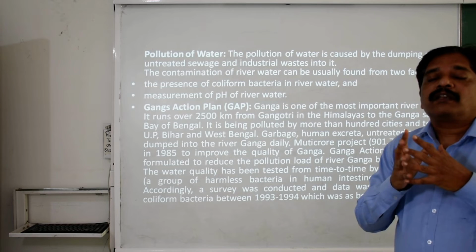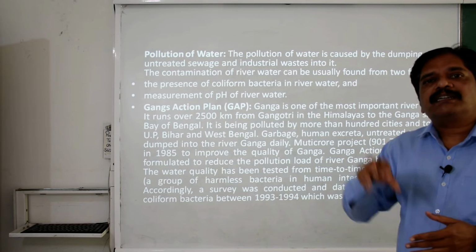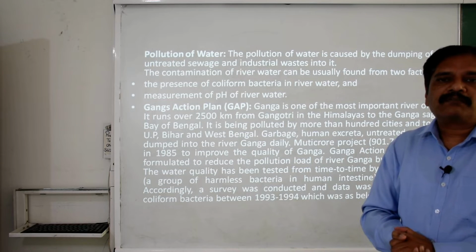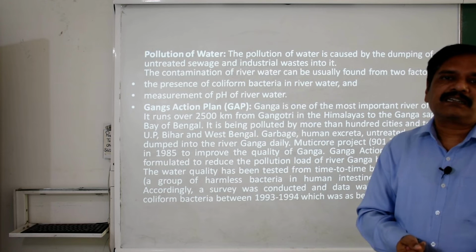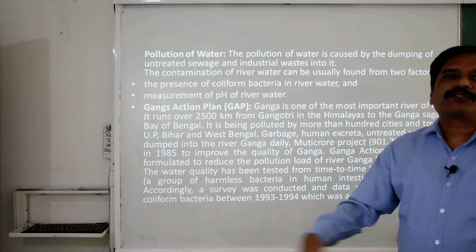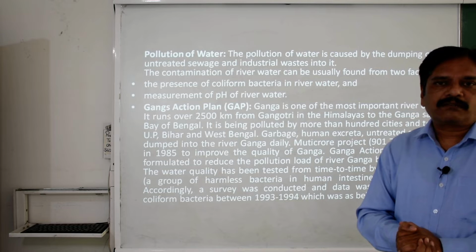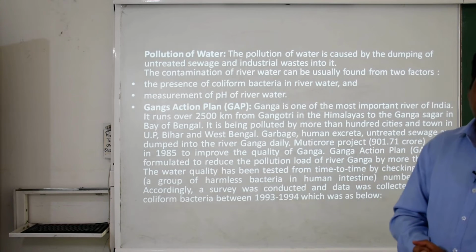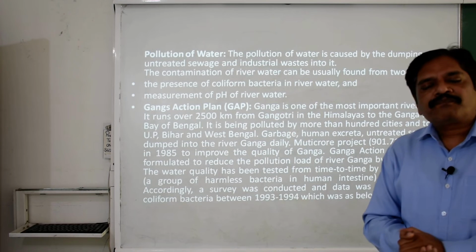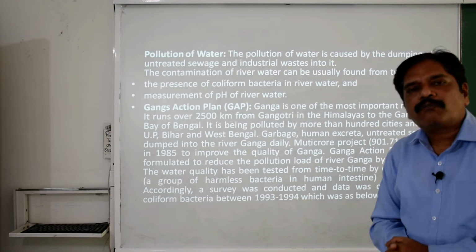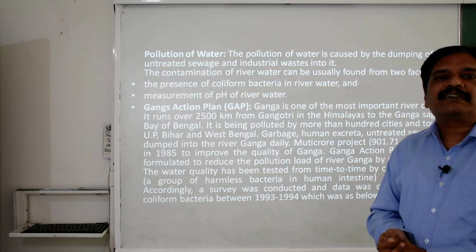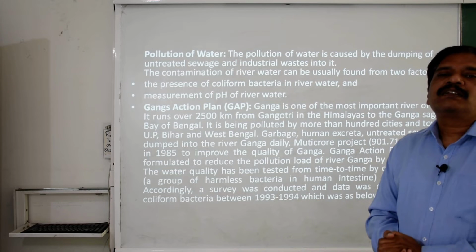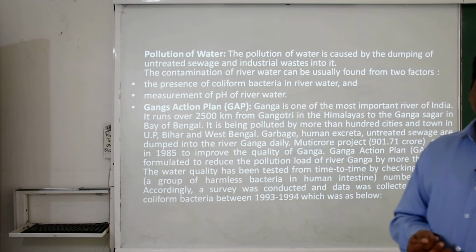And if its presence is traced in the river water or water resource, that means surely this water contains drainage water or sewage water, because it will come only from the septic tanks and the fecal material of human beings. Similarly, the pH value of the water will tell you about the mixing of industrial waste especially. So, by knowing these two facts, we can confirm the rate of pollution in the water.